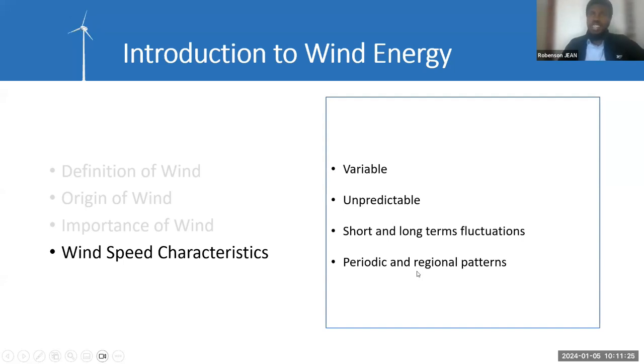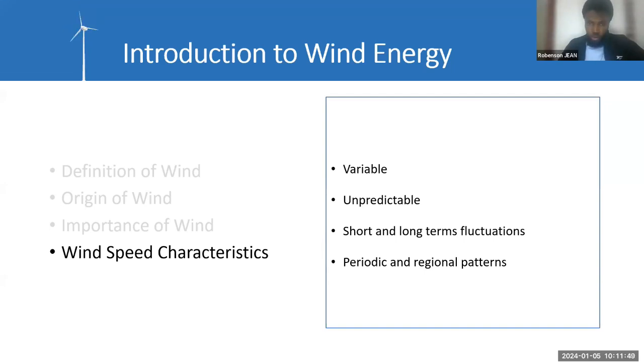We cannot say that wind speed will be 10 meters per second in 10 minutes. So it is unpredictable, and we cannot make a very good plan when it comes to harvesting wind energy.